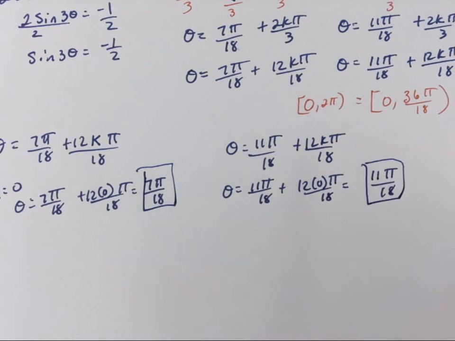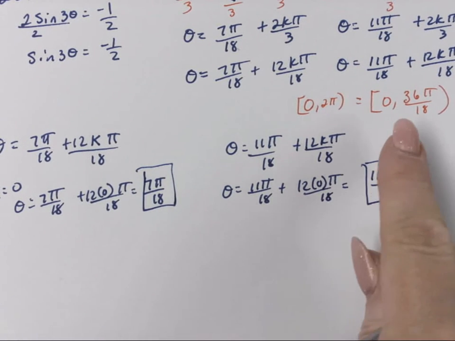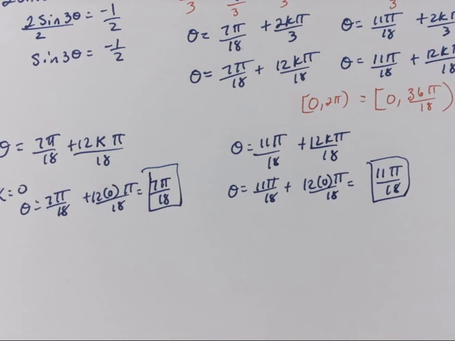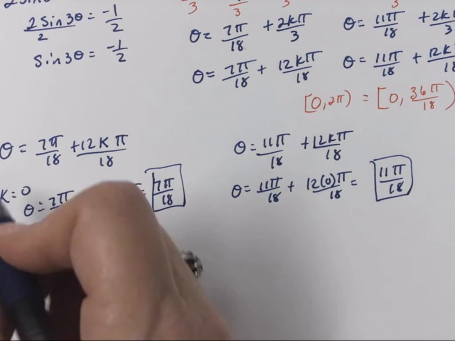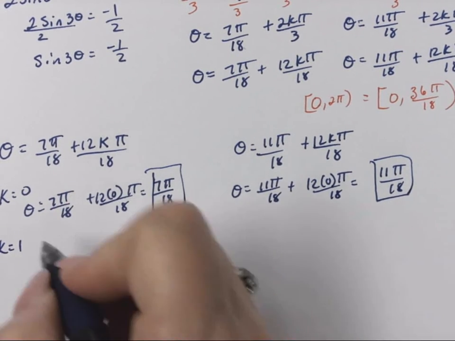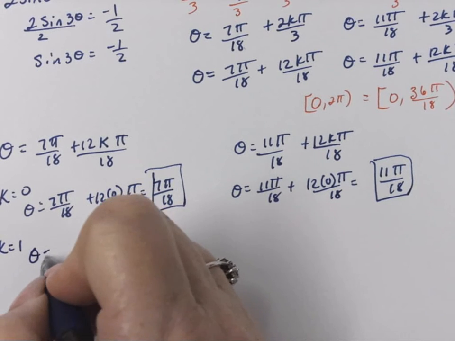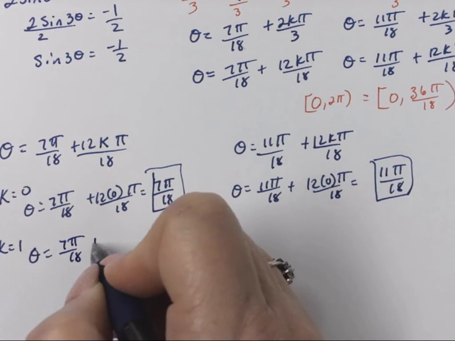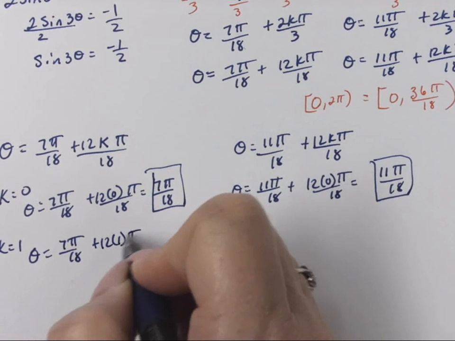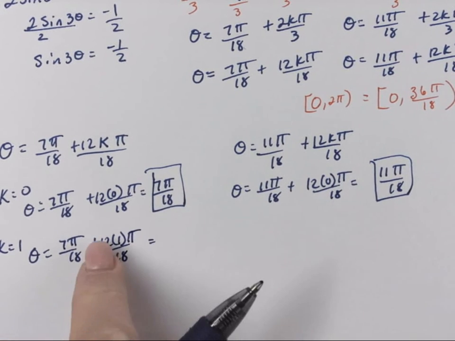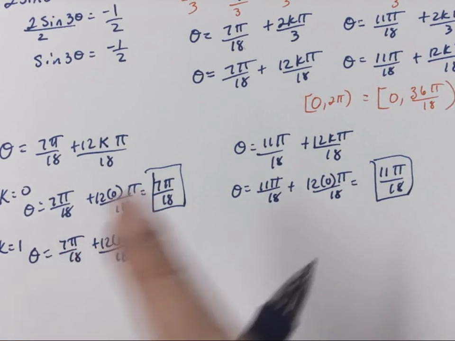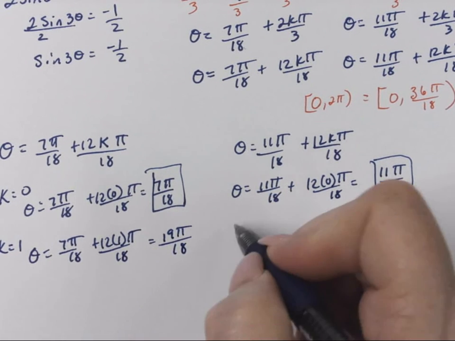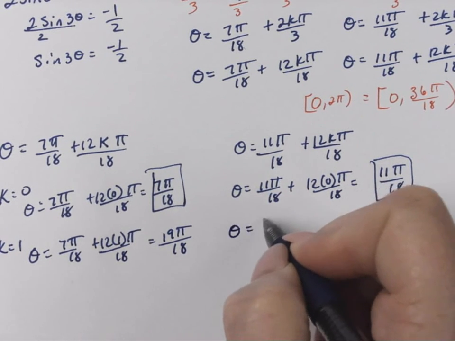And then theta equals 11 pi over 18 plus 12 times 1 pi over 18 will get us 11 plus 12 is going to get us 23 pi over 18. So these are our next two angles that fit in our solution from 0 to 2 pi. We're still far from our 36 pi over 18, so now we'll do k is equal to 2.